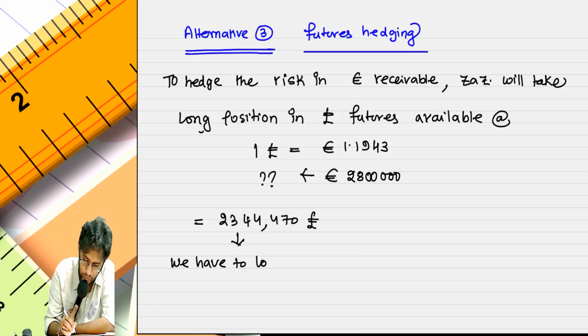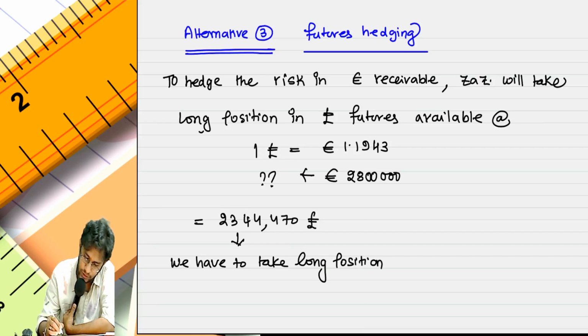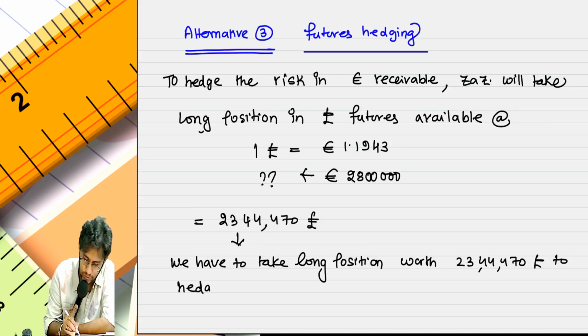We have to take long position worth 2344 470 pounds to hedge the euro 28 lakhs receivable at 6 months time.